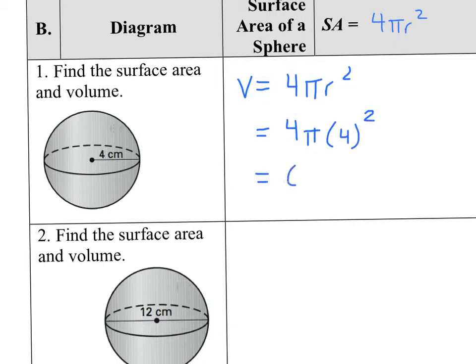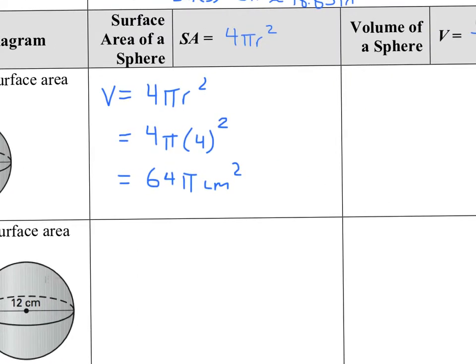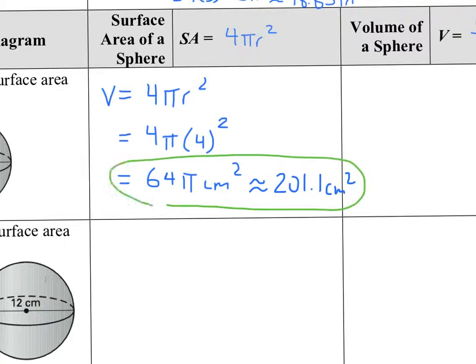So my exact answer here is 64 pi centimeters squared. My approximate answer would be approximately 201.1 centimeters squared. Both of these are answers depending on the context.